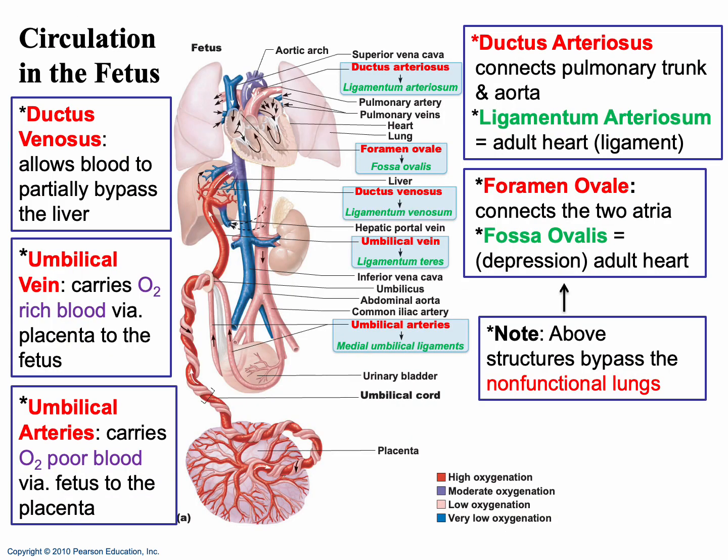And the heart now has gone from the embryonic stage to fetal development. So the fetal heart is looking more and more like the human heart. So looking at circulation in the fetus. This circulation is going to be a little different from the human heart, and there's different levels of oxygenation. So we look at what these early structures are. First we'll take a look at the umbilical arteries.